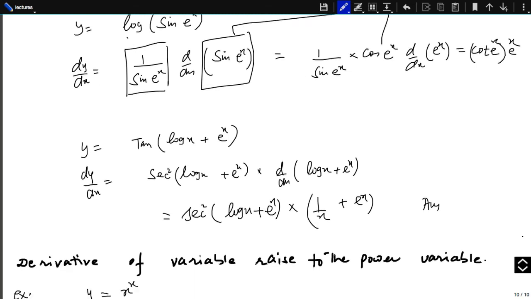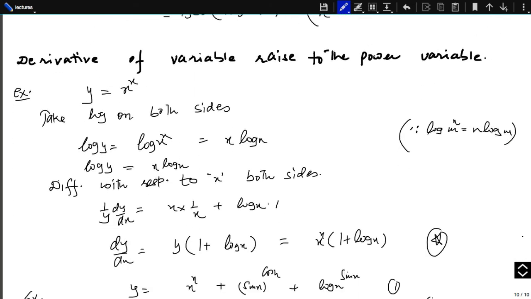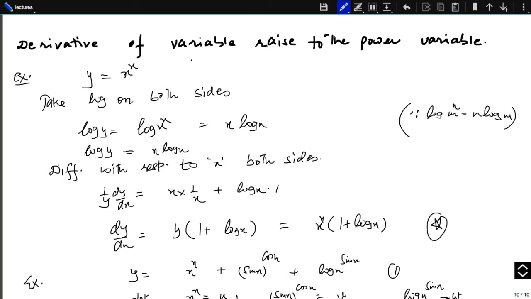Further we do very important, that is derivative of variable raised to power variable, that is y is equal to x raised to x. x is variable, x is variable raised to variable. In this derivative, we say take log on both sides.